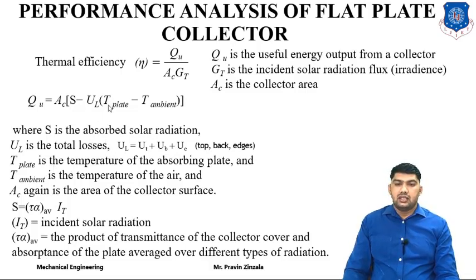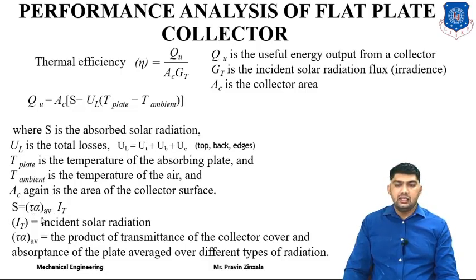TP, the plate temperature, is the temperature of the absorber plate. T ambient, or TA, is the temperature of the air. AC is again the area of the collector surface. S we also discussed as the absorbed solar radiation.